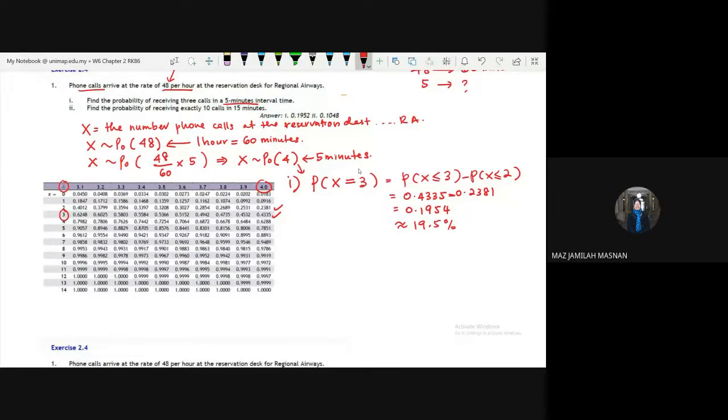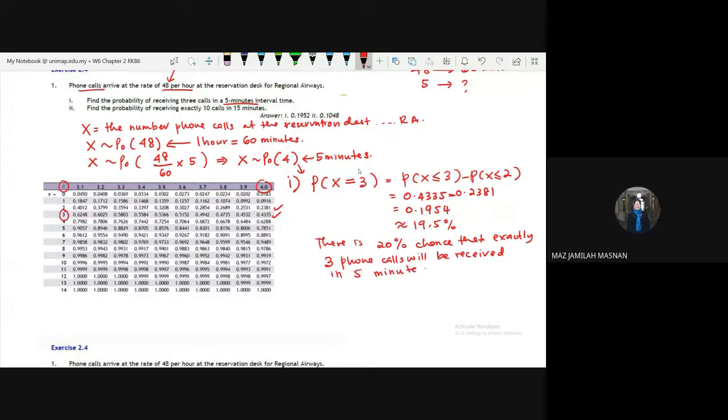Or it will be 19.5%. So how do you interpret? You can say there is 20% chance that exactly 3 phone calls will be received in 5 minutes.